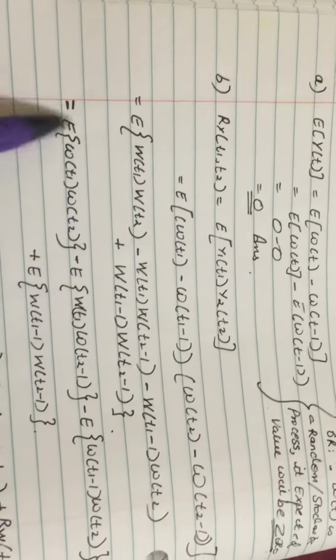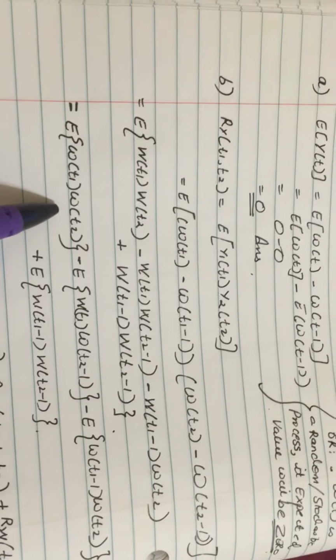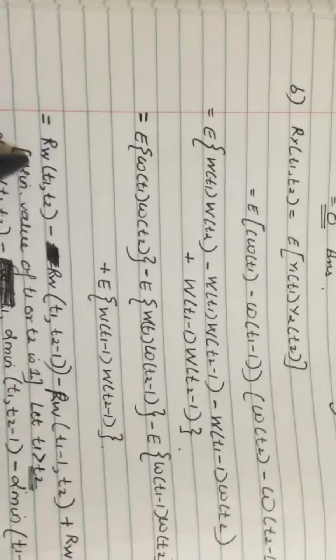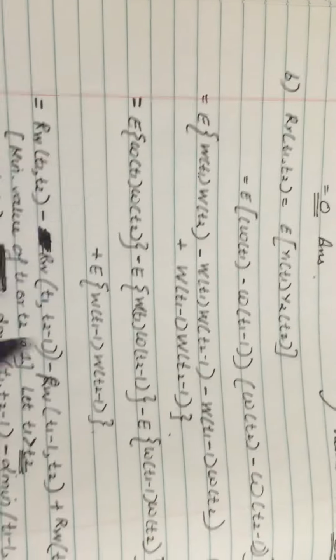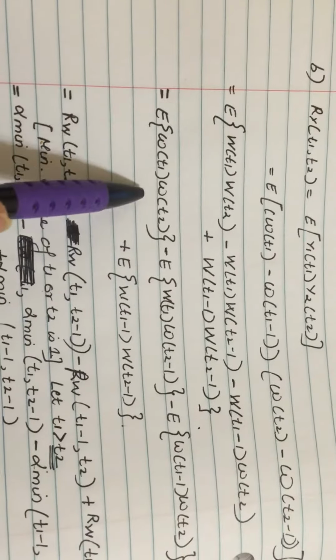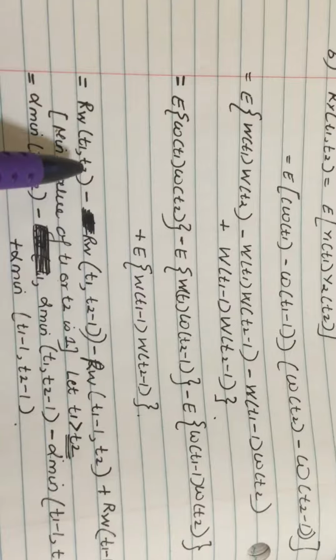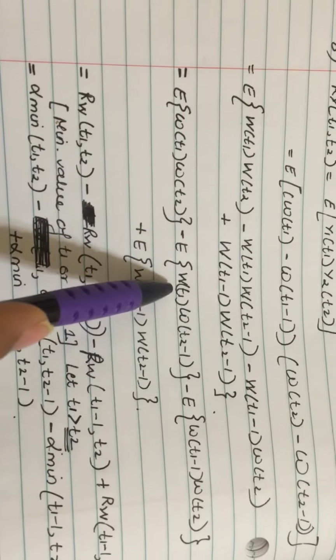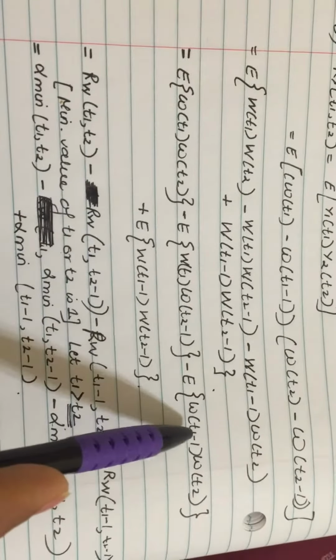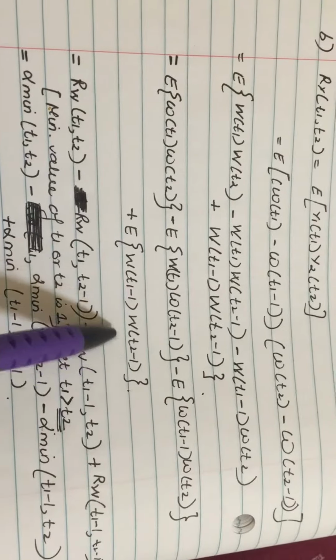And so this is basically expected value of one random function times another random function, which is the R(t1, t2). So once you've done this and you come down to this, this will basically be R_W(t1, t2), R_W(t1, t2 minus 1), R_W(t1 minus 1, t2), R_W(t1 minus 1, t2 minus 1).